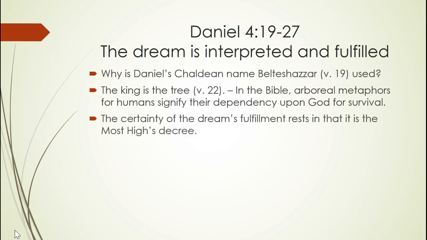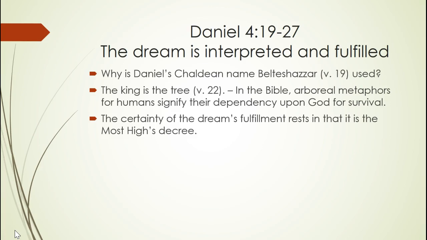The certainty of the dream's fulfillment rests in that it is the Most High's decree. So once again, it is something that is certainly to take place. It is something that will occur. It is not something that is conditional in this sense. But we say it's kind of conditional.